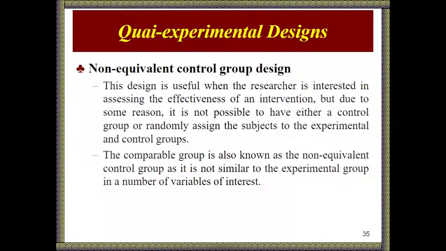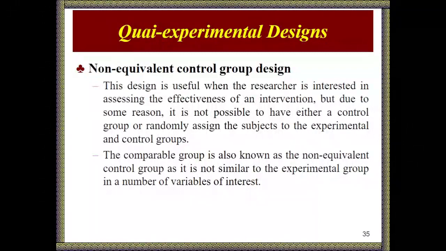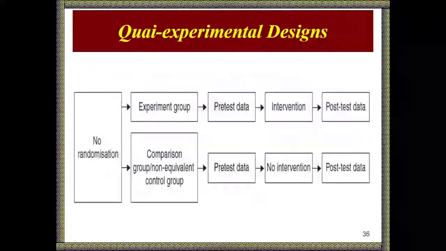Then the comparable group is also known as a non-equivalent control group, because it is not randomized, so it becomes a non-equivalent control group. Okay, it is not similar to the experimental group in a number of variables of interest. So it is slightly different from the true experiment.